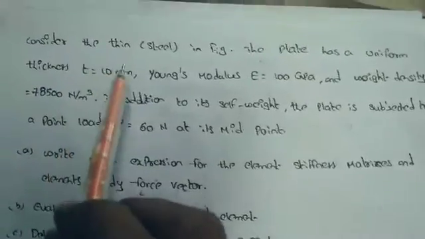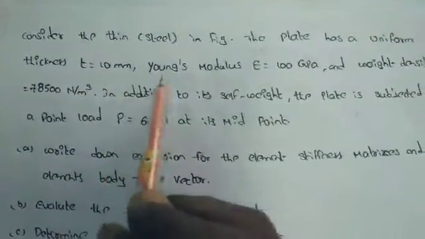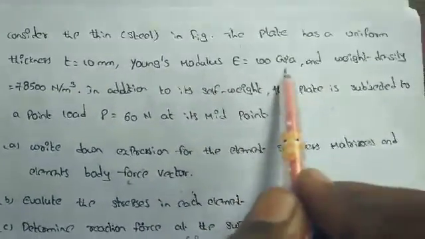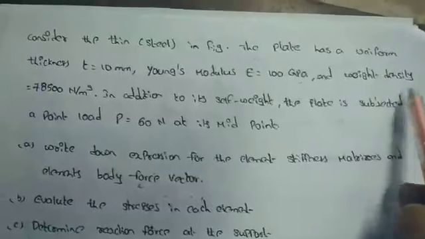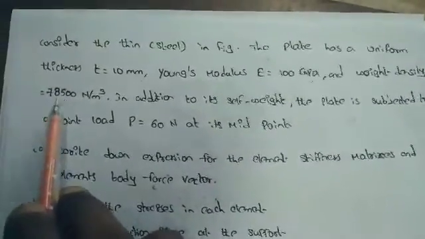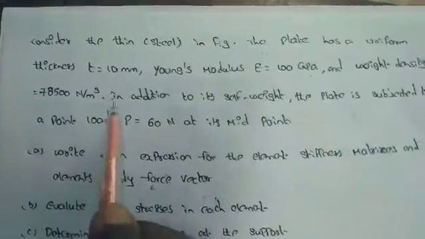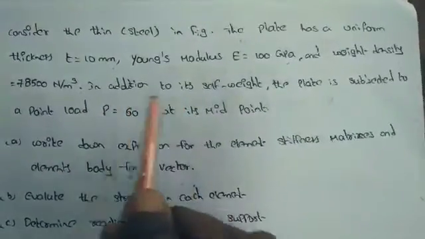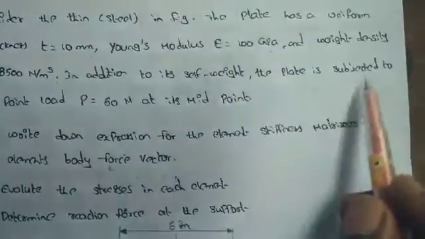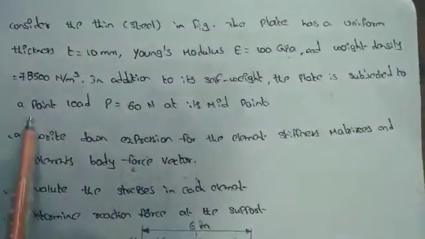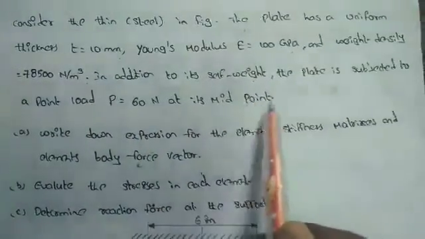The plate has uniform thickness T equal to 10 mm and Young's modulus E equal to 100 GPa and weight density is 78,500 Newton per meter cube, in addition to its self weight. The plate is subjected to a point load P equal to 60 Newton at its midpoint.